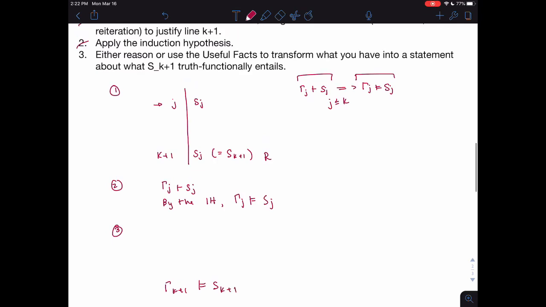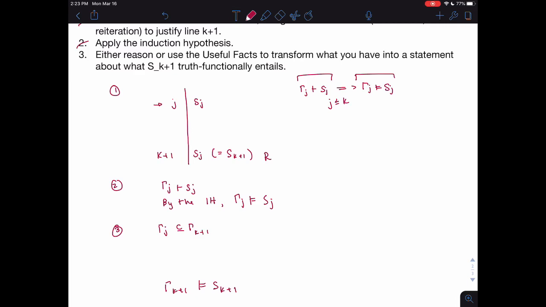All right, how are we going to do that? In order to do that, we need to find a relationship between gamma j and gamma k plus 1. We want to figure out how the set of assumptions available at line j is related to the set of assumptions available at line k plus 1. In this case, it's exactly the same assumptions available at both lines because they're both on the same scope line. So we might say that gamma j is a subset of gamma k plus 1.